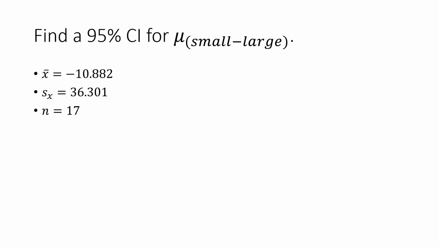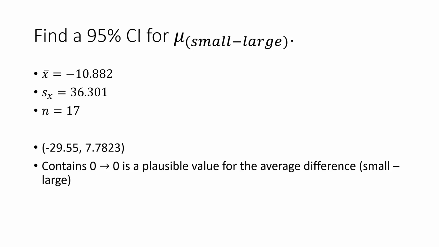To compute a confidence interval for mu sub d, the mean difference, small minus large, we can use a t-interval, that is a one-sample t-interval, but applied to the differences rather than the raw data. Give this a try now. You should find that a 95% confidence interval is from negative 29.55 to positive 7.7823.